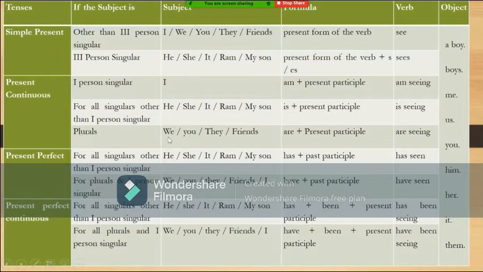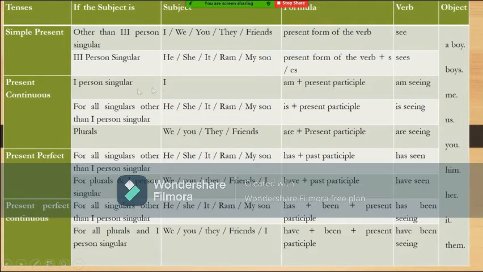For all plurals, we, first person plural, you, second person plural, they, third person plural, and any noun which is in plural form, there we have to use are. Are is the auxiliary verb to indicate present. So there are 3 auxiliary verbs, am, is, are, to indicate present tense, and only for I we use am. For all other singulars we use is, and for plurals we use are.